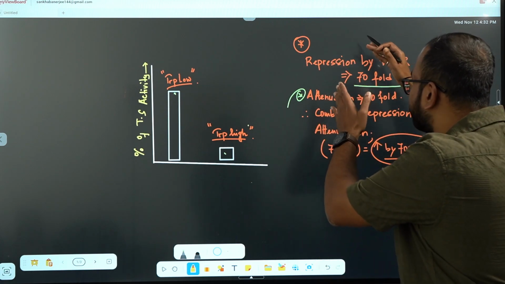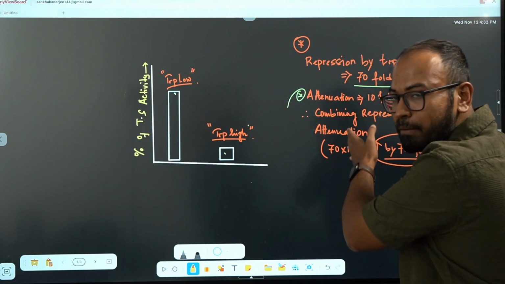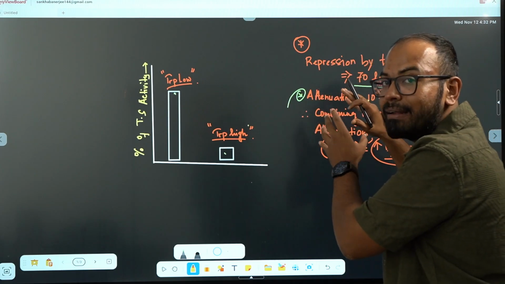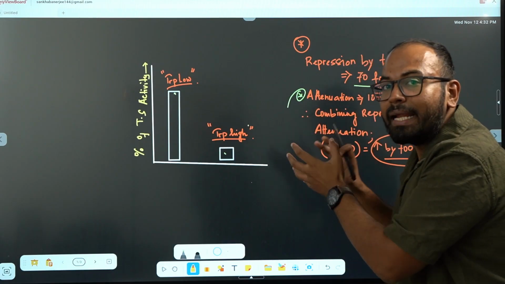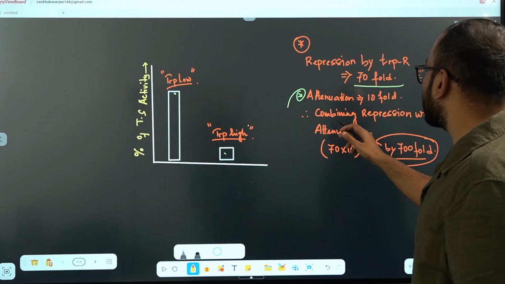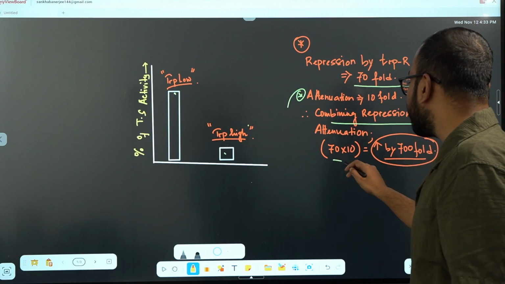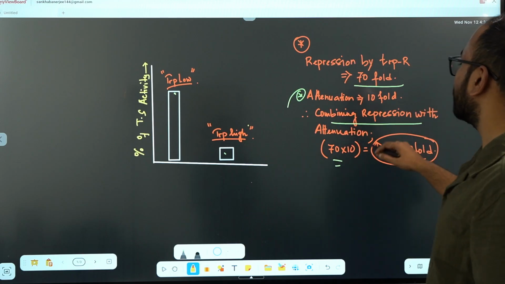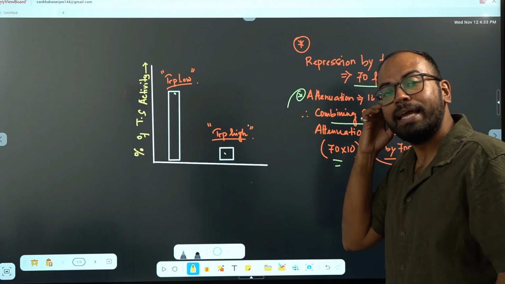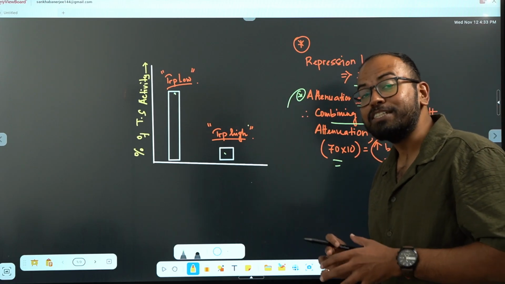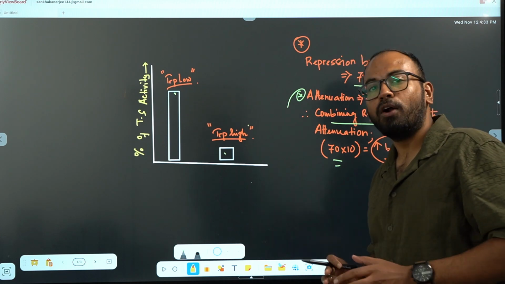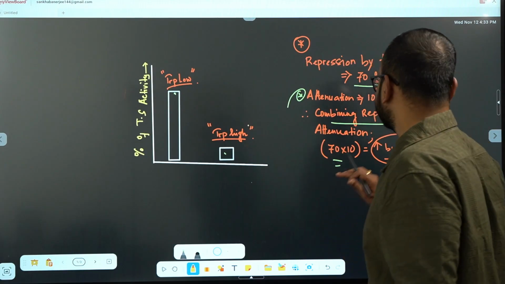Now if repression by means of trpR and attenuation are combined, then the overall repression reaches up to 700-fold. That means 70 into 10, a 700-fold increase in repression is observed when both these factors are involved. This is a very important piece of information. It can come in part C.